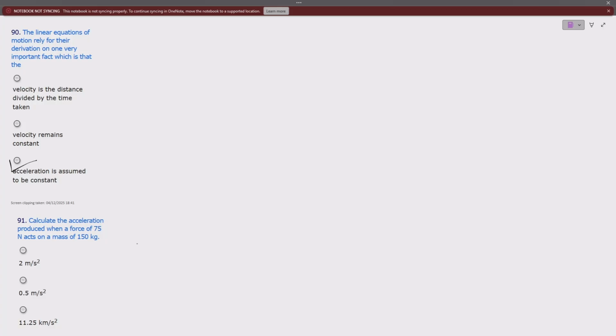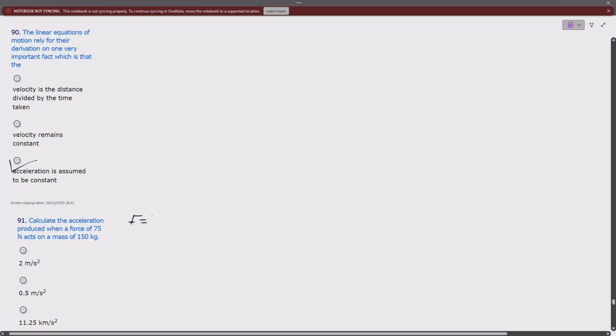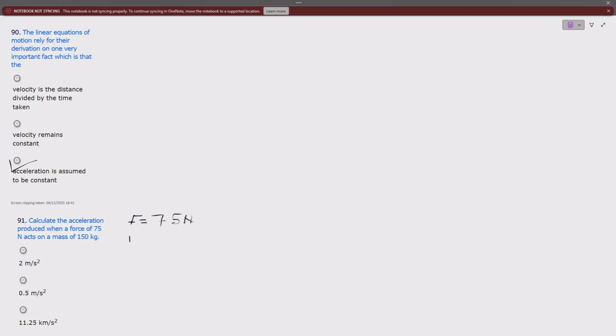91. Calculate the acceleration produced when a force of 75 newtons acts on a mass of 150 kilograms. So the force is given as 75 newtons and the mass is given as 150 kilograms. Straight work. Force equals mass times acceleration.